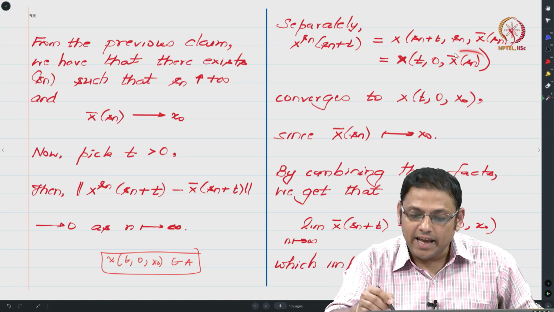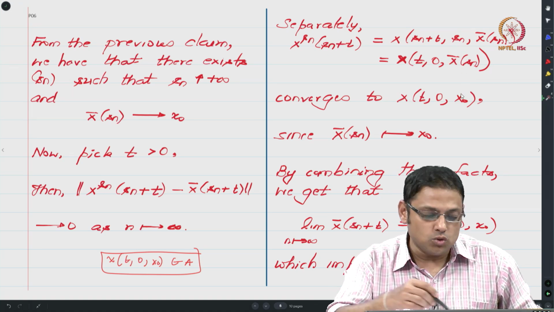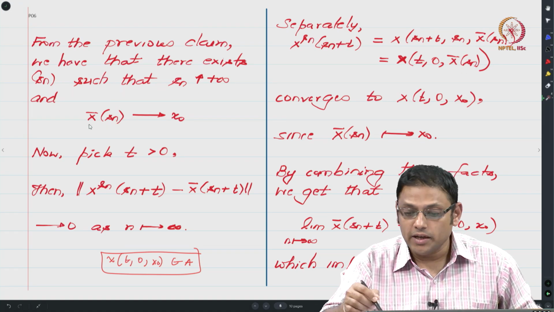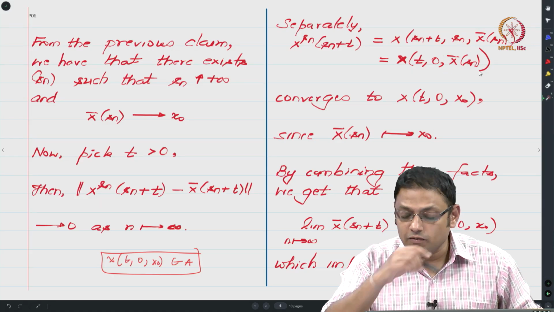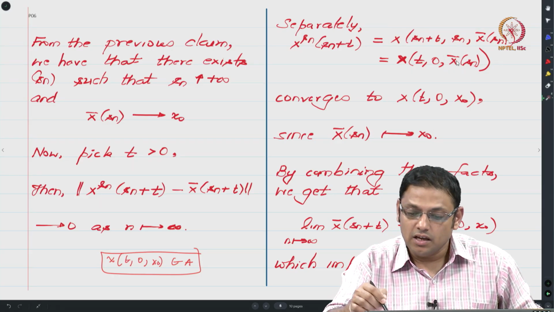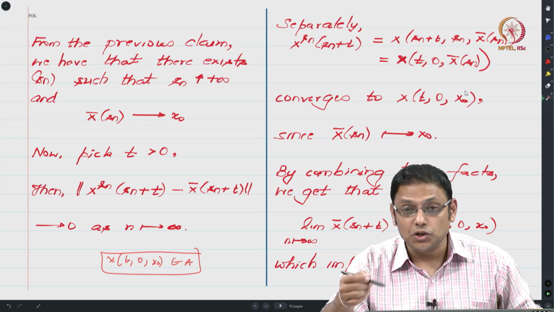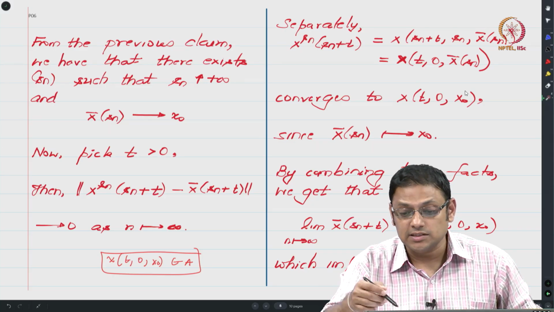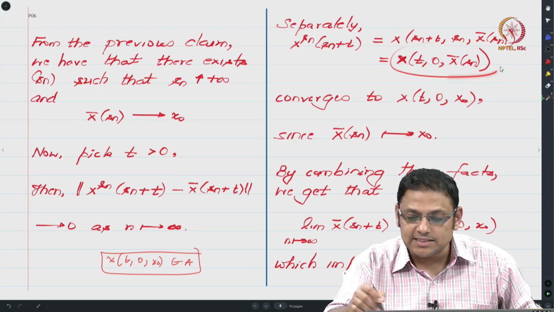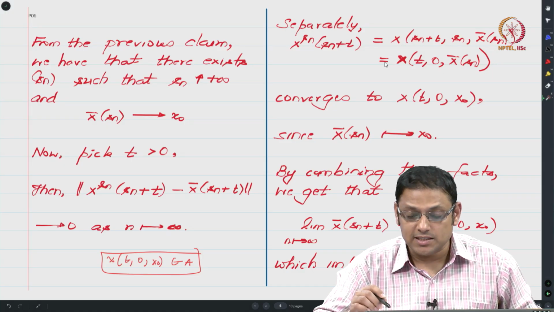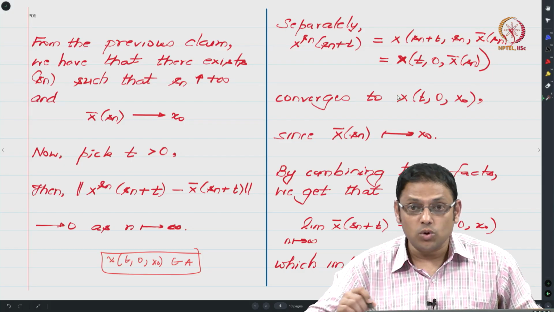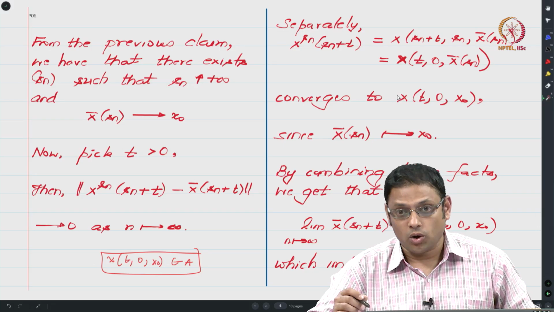Now, we know that x bar Sn converges to x naught, okay, this is what we know. In other words, the initial values of this solution trajectory converge to x naught, and since the solution trajectories are continuous with respect to the initializations, one can conclude that this expression for a fixed t actually converges to xt0 x naught, right.